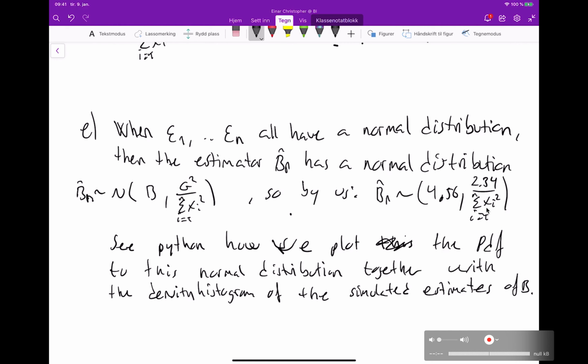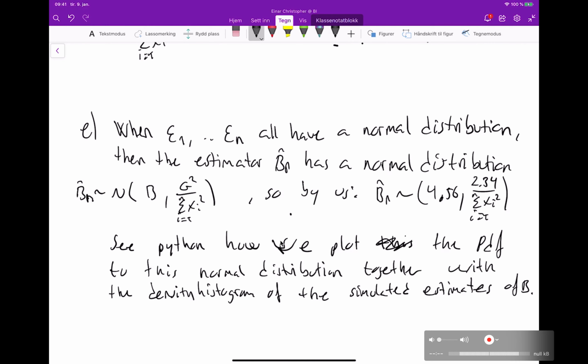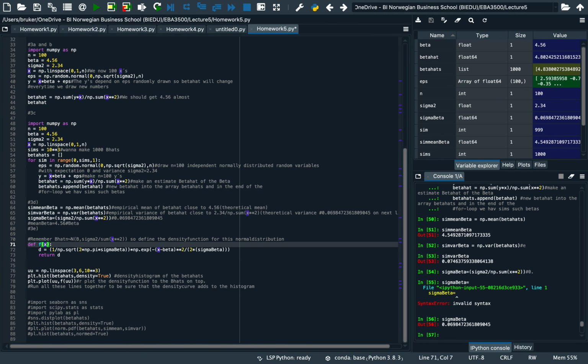So now we are going to make a histogram of all the beta hats, and then plot the density curve of this normal distribution onto that histogram, and we will see the connection.